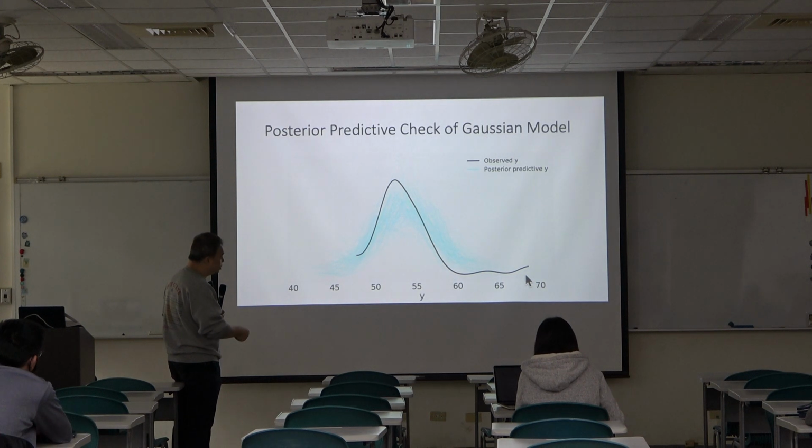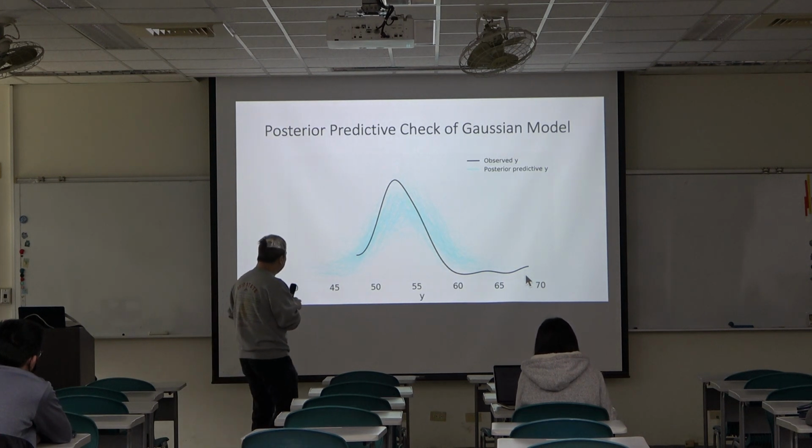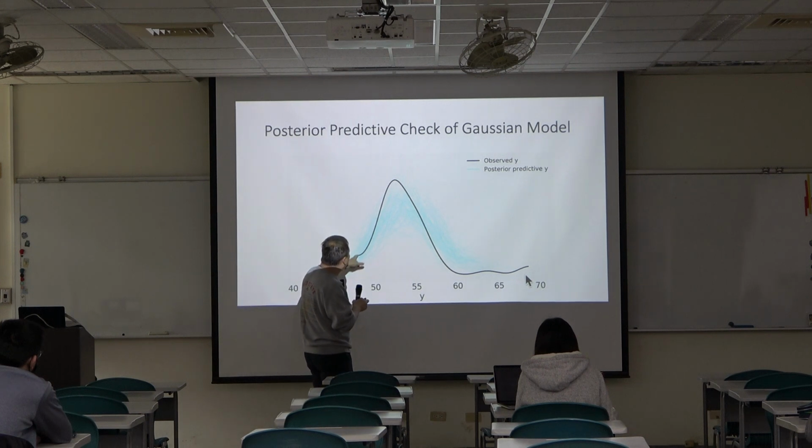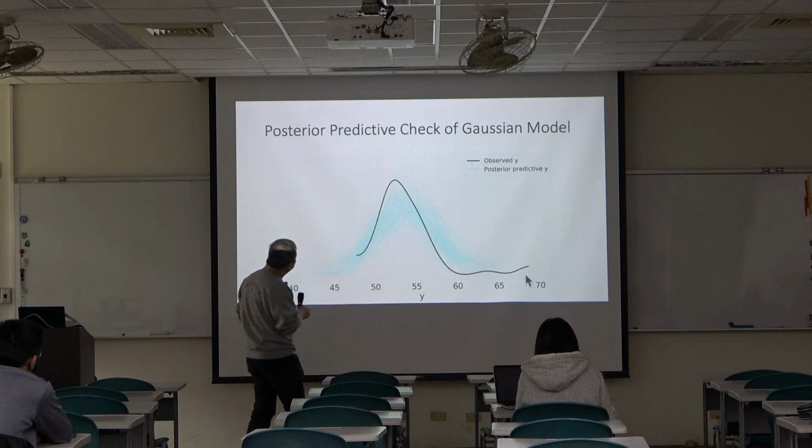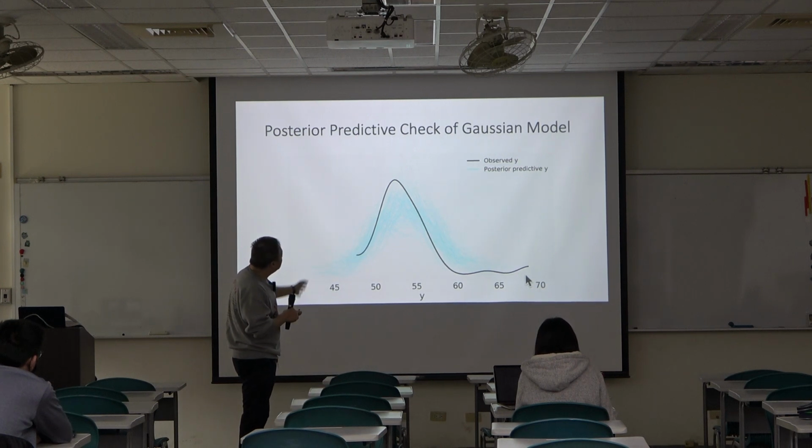Because we generate 100 samples, each one will be represented by a blue line. You should be able to observe that we have many blue lines.